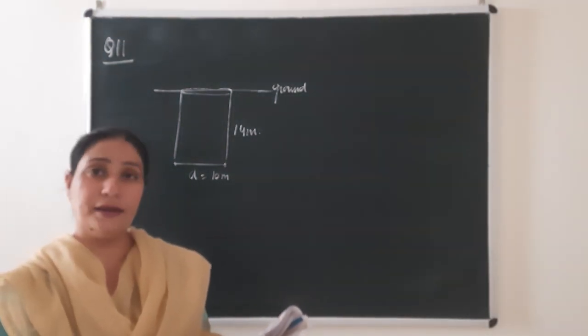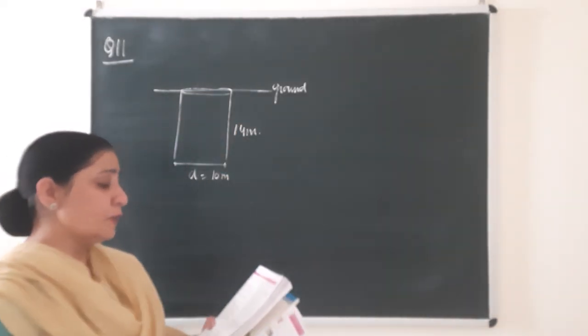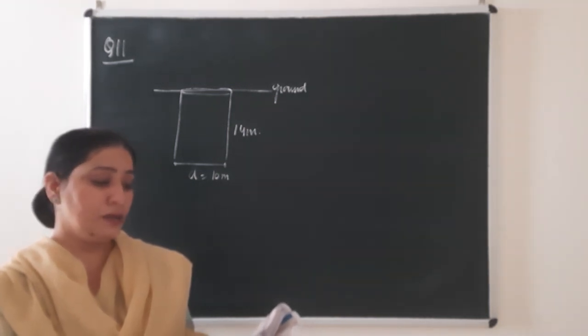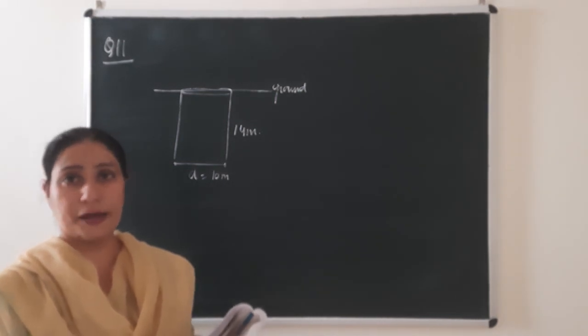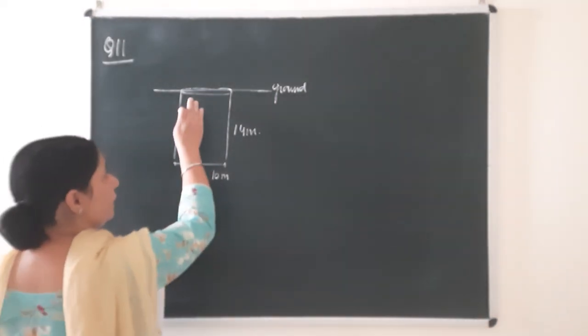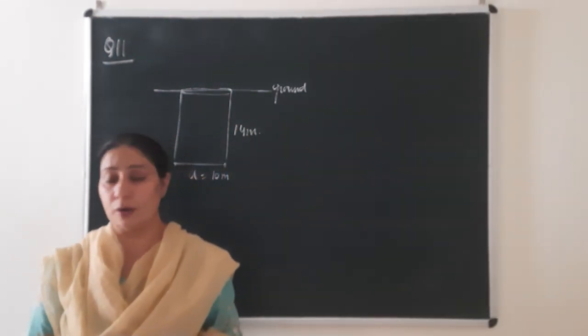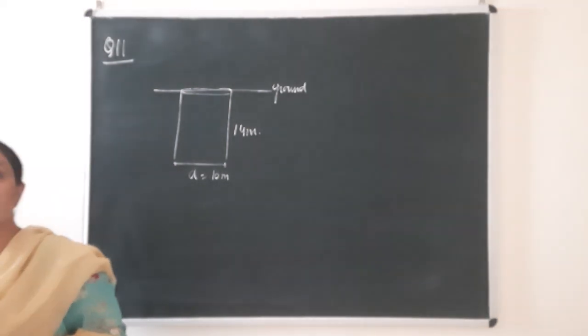Now what is happening? The earth taken out, the mud that you are taking out from this well, is spread all around it to a width of 5 meter to form an embankment. Now what is an embankment, beta? If I have dug a well, the well is below the ground. How do I come to know that there is a well?